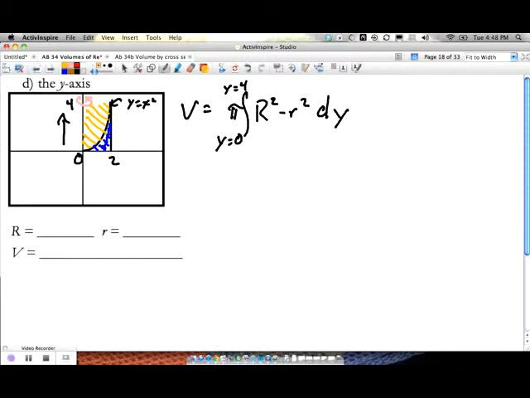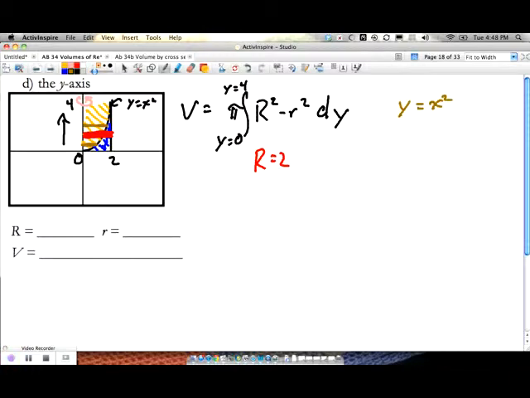So I just need to define what that big radius and little radius is. The big radius is from the axis of rotation to the outer edge, which in this case is constant. It's just 2. The inside radius is going to be out to that curve. So I need to figure out what that curve is, but in terms of y.